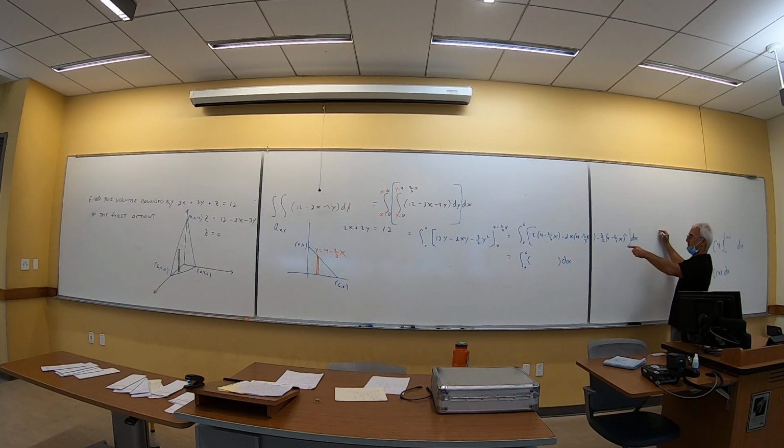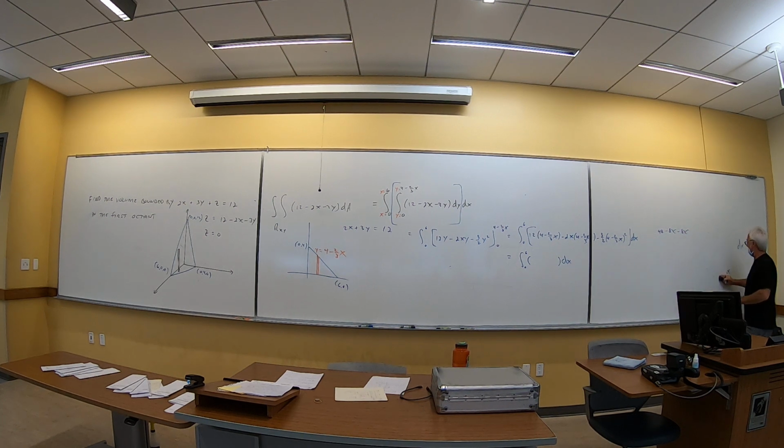So off to the side, I'm going to have what? 48 minus 8x, then what? Plus 4/3 x squared.